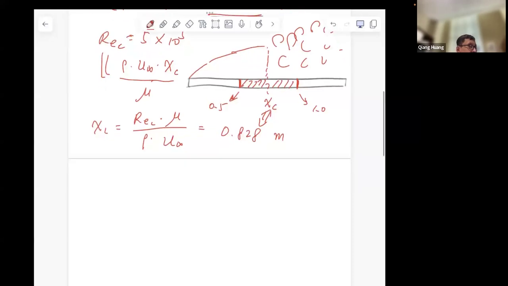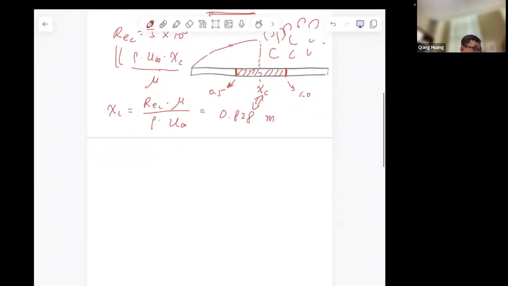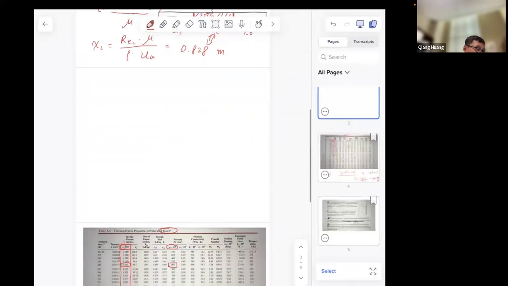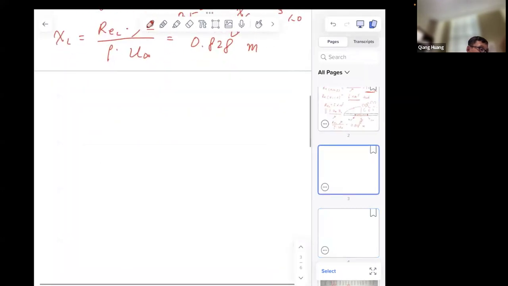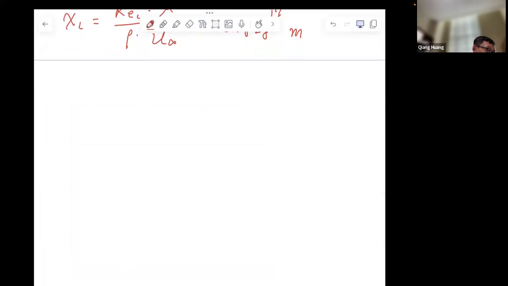And here I want to point out some mistakes that students made. If I have an extra slide, okay. One approach that some students took is they used the middle point. So if you want to calculate this section, they will calculate at the middle point here.